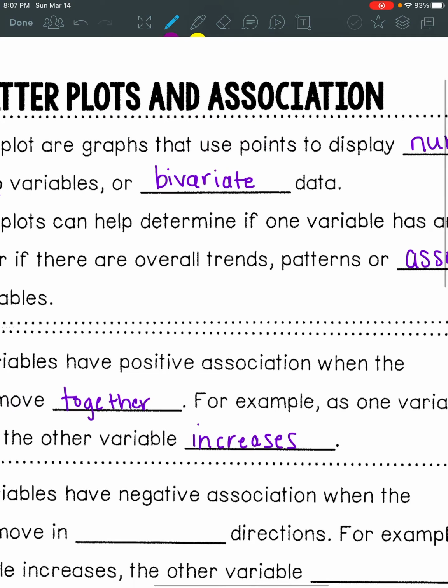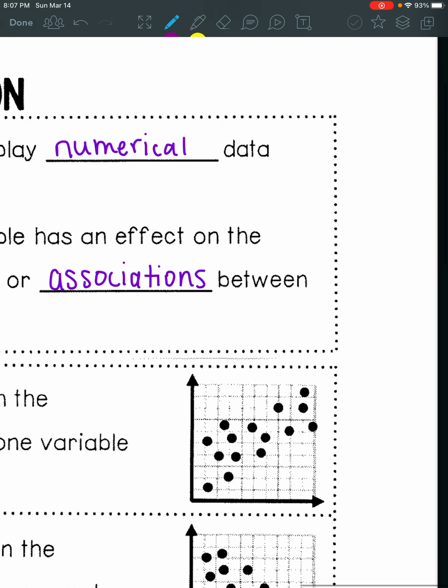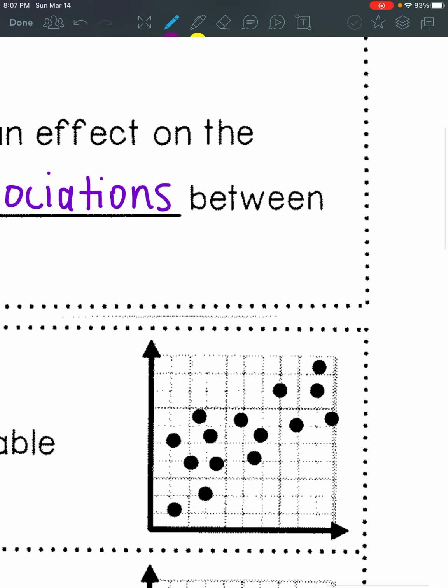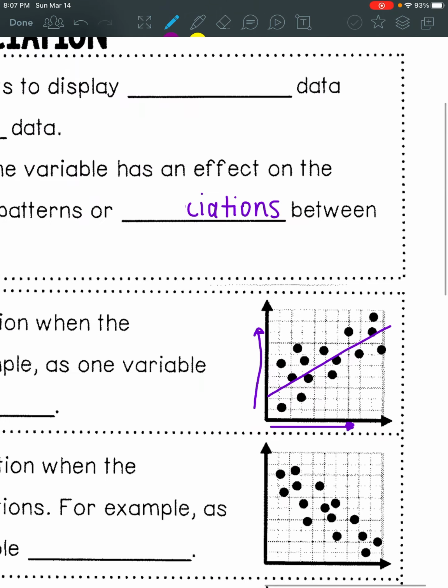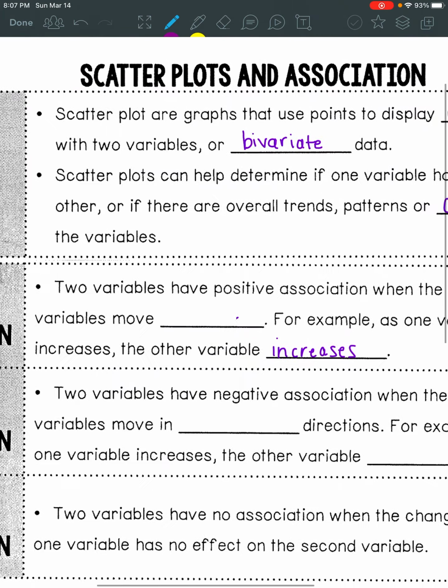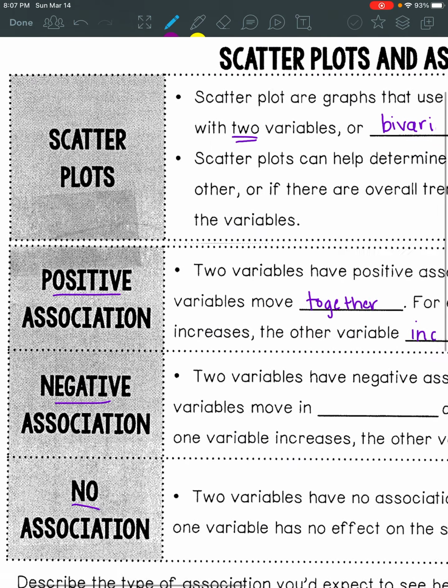On the graph, it would look something like this, and we'll eventually draw trend lines, but what you can see is it's going uphill, positive slope. So as the x-axis is increasing, the y-axis is also increasing. So that's an example of positive association.